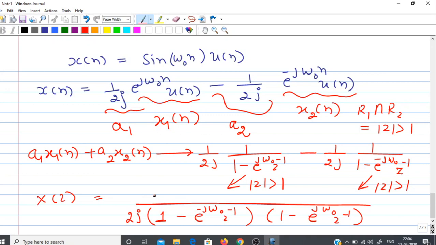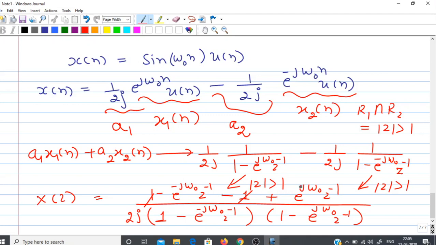In the denominator, you have this. Now in the numerator, what would you have? You would have 1 minus e to the power minus j omega naught z inverse. Then there is a minus sign, so minus 1 and then plus e to the power j omega naught z inverse. If we simplify the expression, you can see this 1 cancels by minus 1, and then you can collect the terms of z inverse.